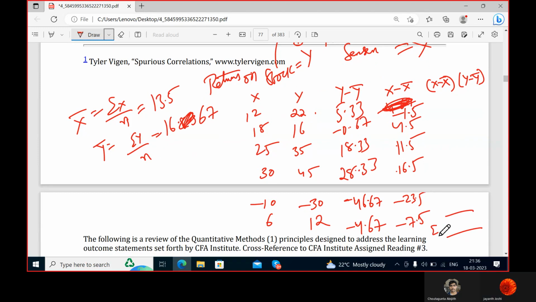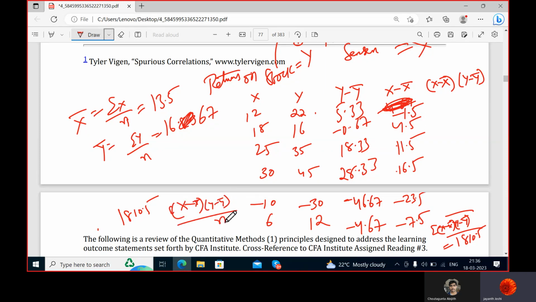You have to multiply X minus X bar and Y minus Y bar, and do the summation of that. I am getting a sum of 1810.5. So we got 1810.5, that is the sigma of X minus X bar into Y minus Y bar.